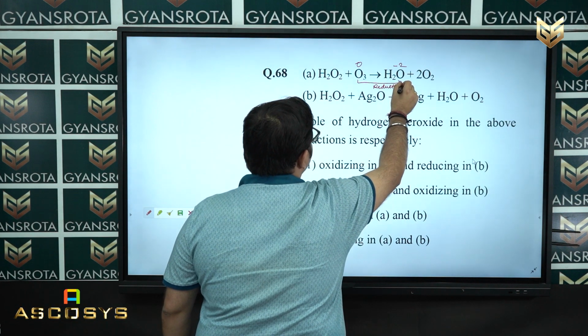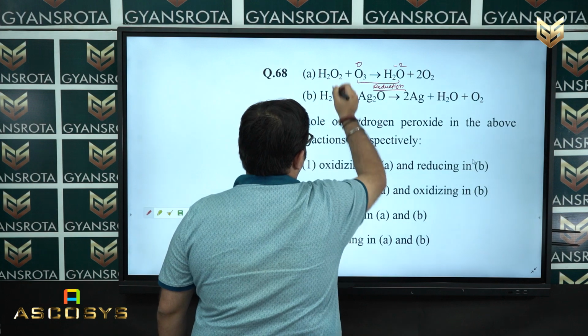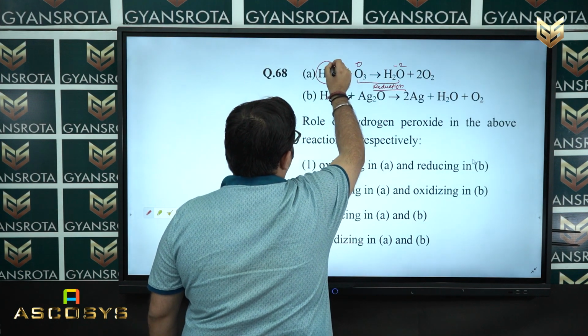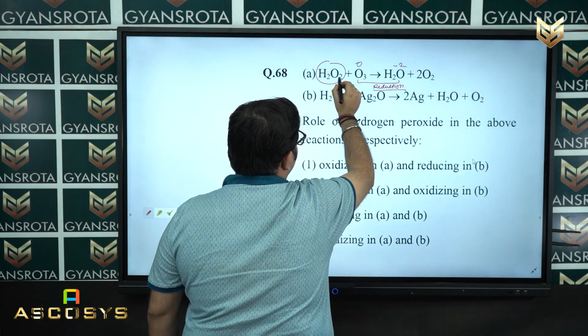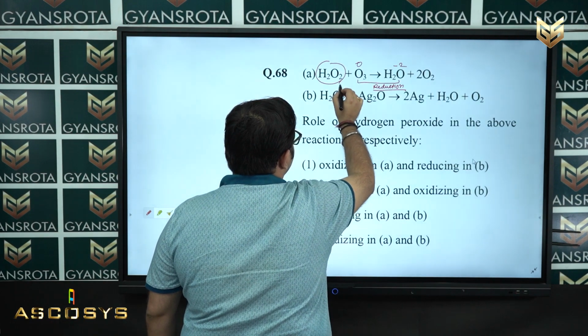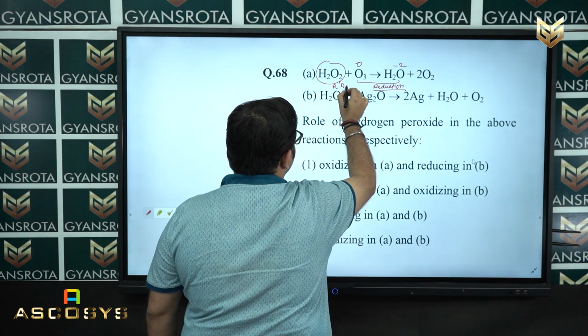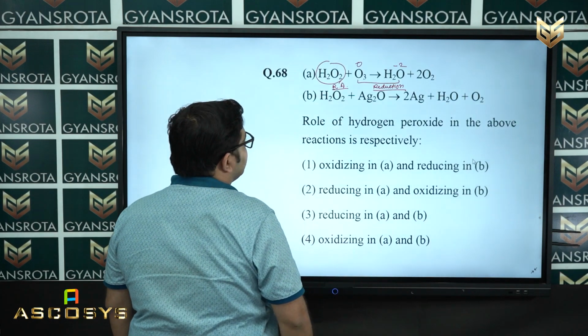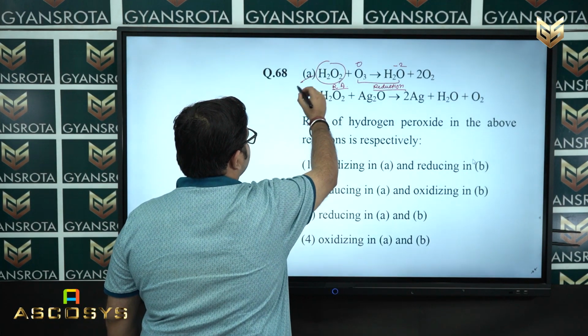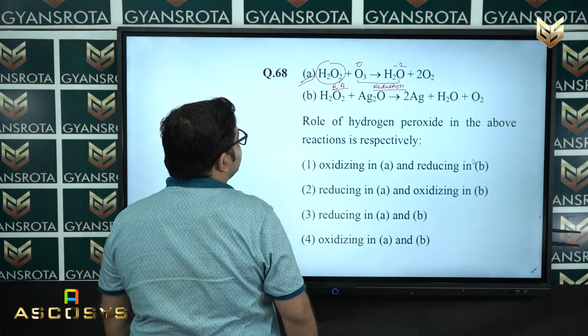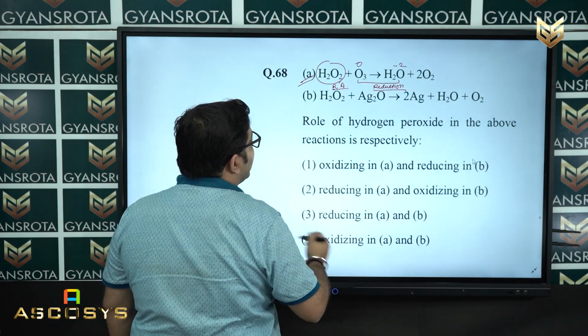Now, who will do the reduction? That is your hydrogen peroxide. Now, the reagent that does the reduction is known as a reducing reagent or reducing agent. So, in the first reaction hydrogen peroxide acts as a reducing agent.